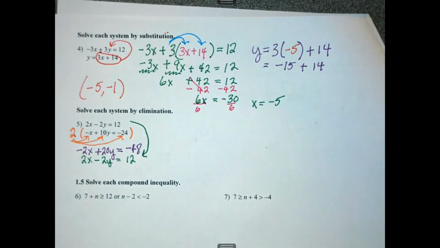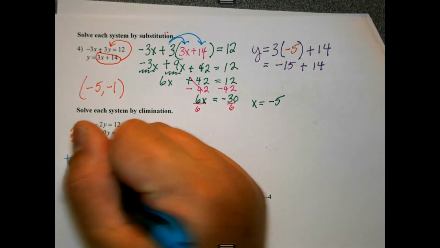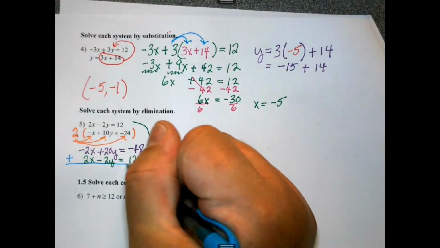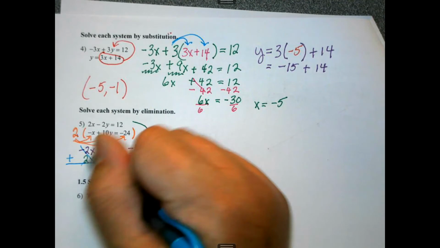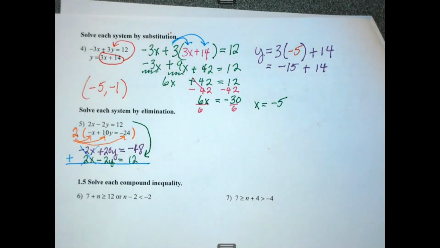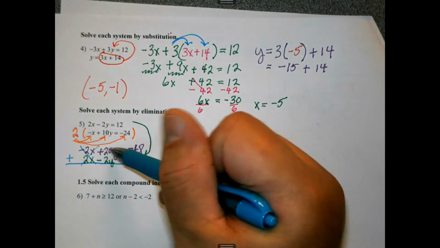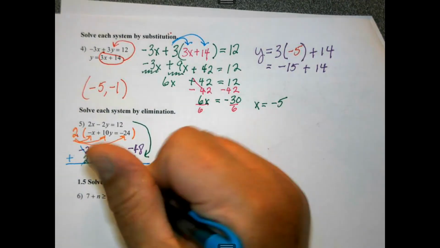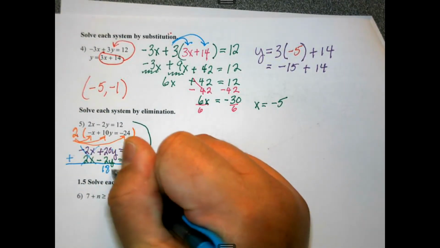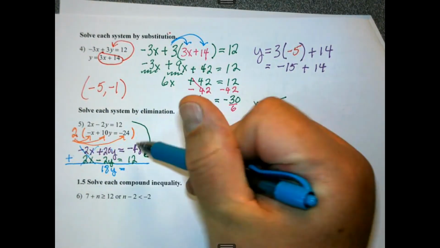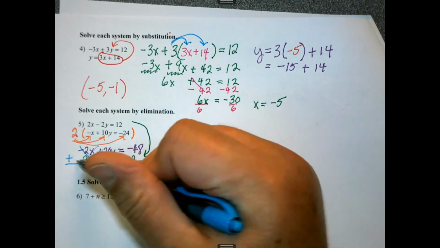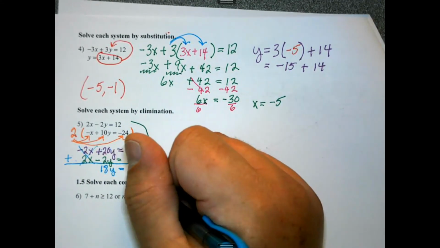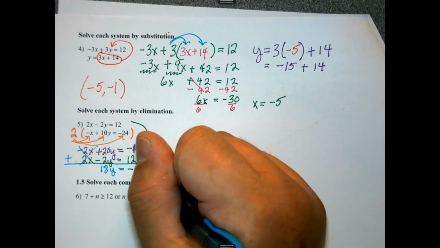Now I'm going to add these two together. And what happens is I eliminate the x's. 20y plus negative 2y is a positive 18y. Negative 48 plus 12 is a negative 36.